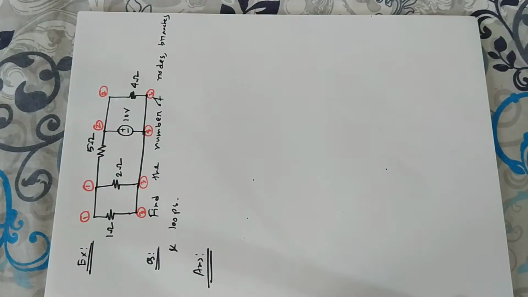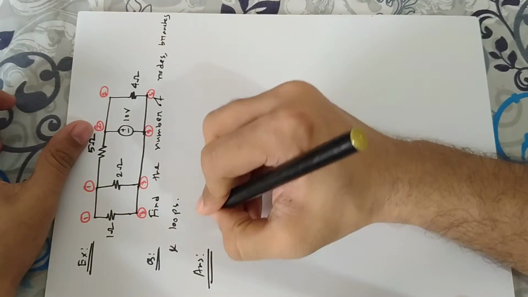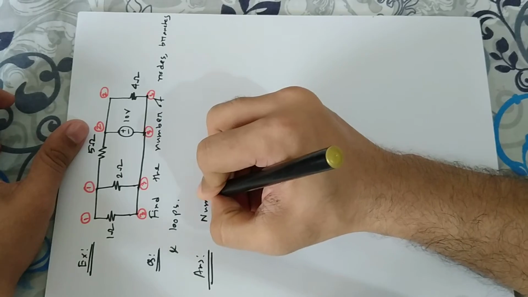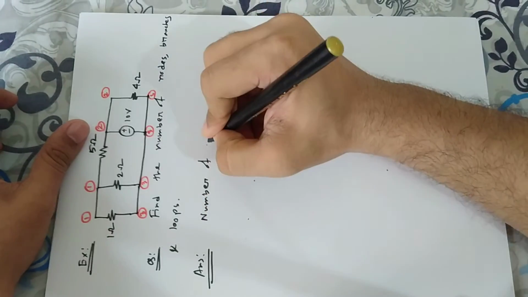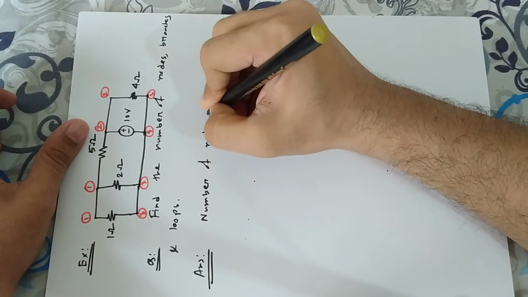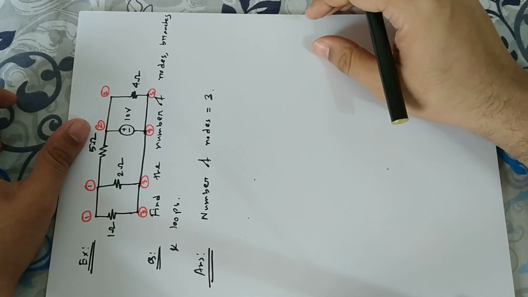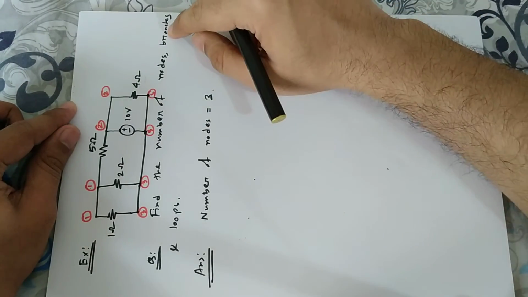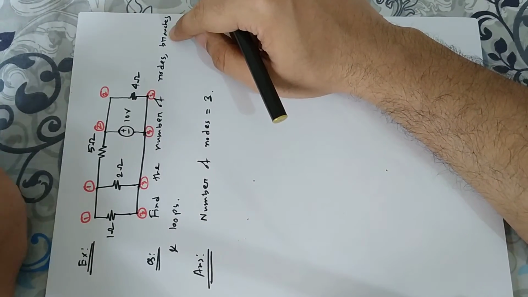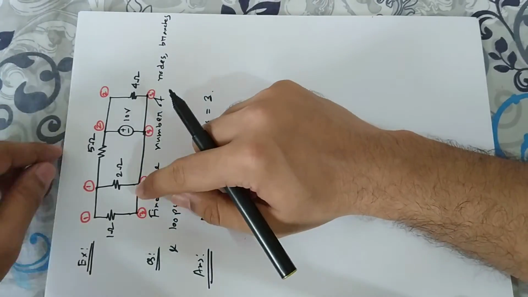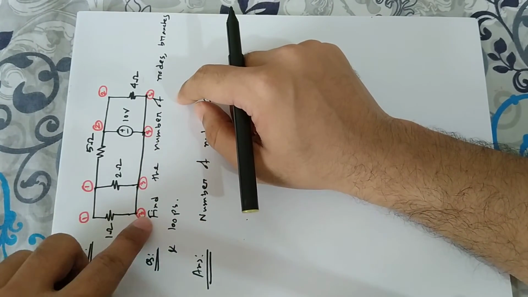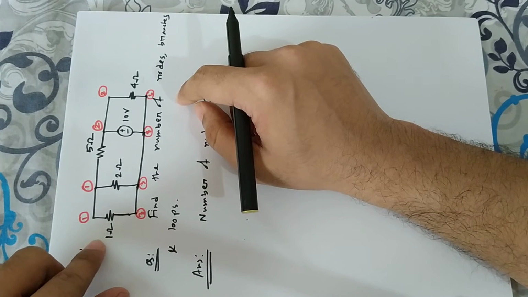So how many nodes are there? The number of nodes is equal to 3. Now, how many branches are there, students? See, this 1 ohm resistor has 2 nodes at its two ends.